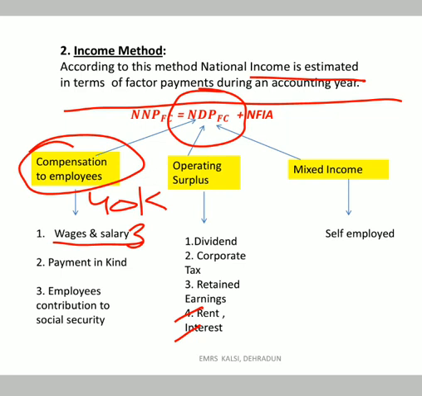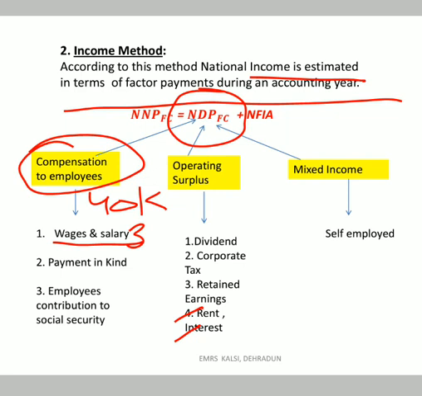There are three ways by which we can calculate the income. First is compensation to employees, second is operating surplus, and third is mixed income. Compensation to employees means the income of those people who are working in a company or in any organization.